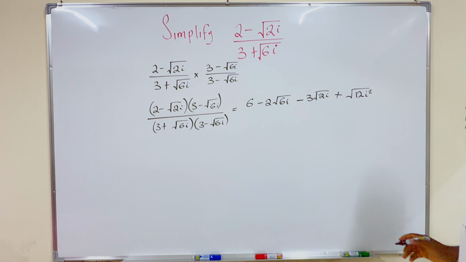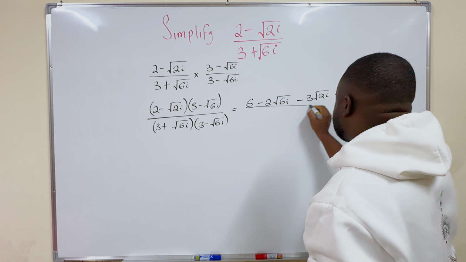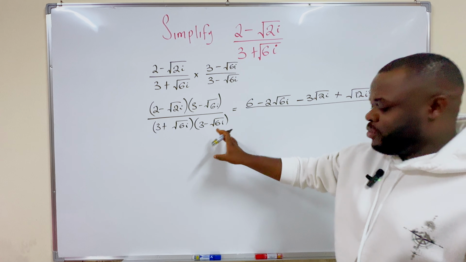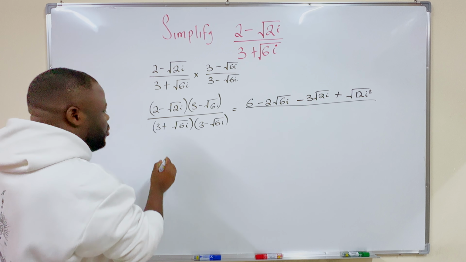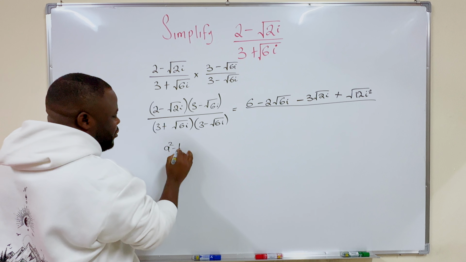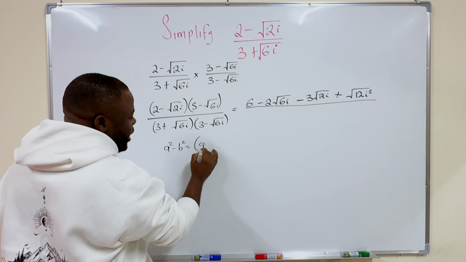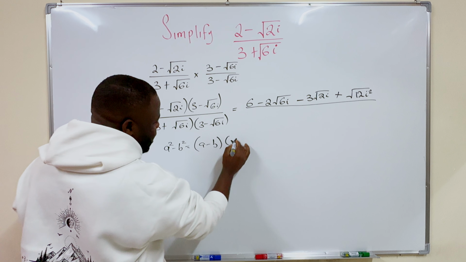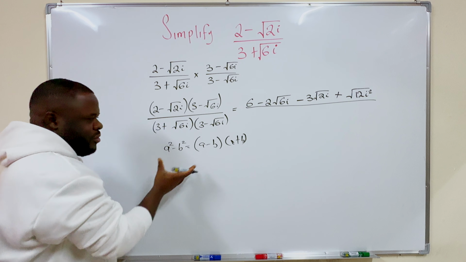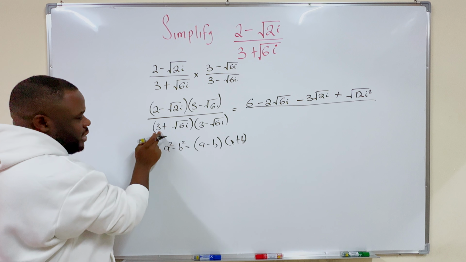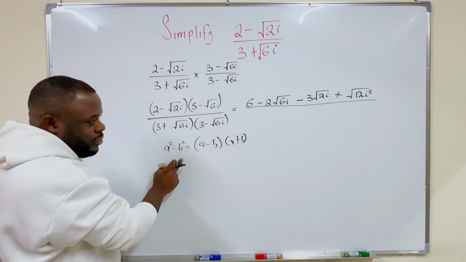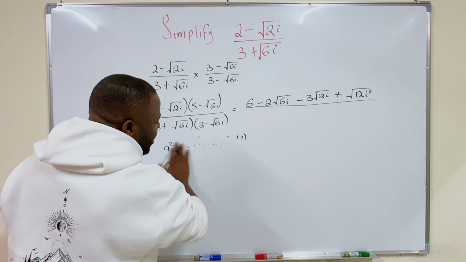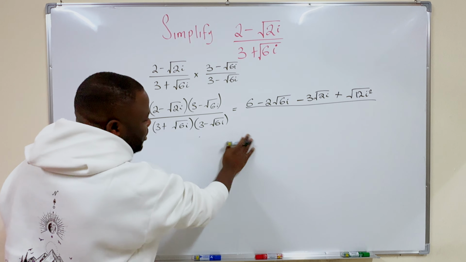Then everything over this. When you look at this denominator, it looks exactly like the difference of two squares: a squared minus b squared equals a minus b times a plus b. So you can use this where your 3 is a and square root of 6i is b. But let's just do it normally, the way maybe you are going to follow.